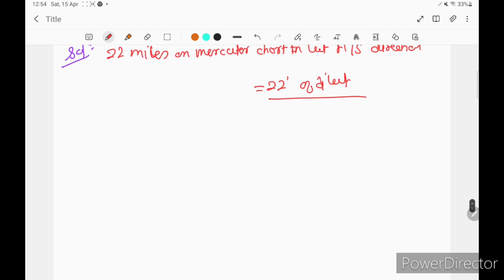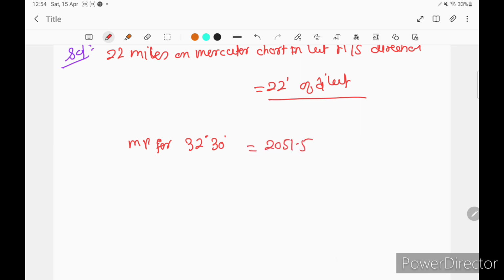Now we have to calculate MP for 32 degree 30, which is given in the question, which is equal to 2051.5. Now MP for 32 degree 52 is equal to 2077.5.